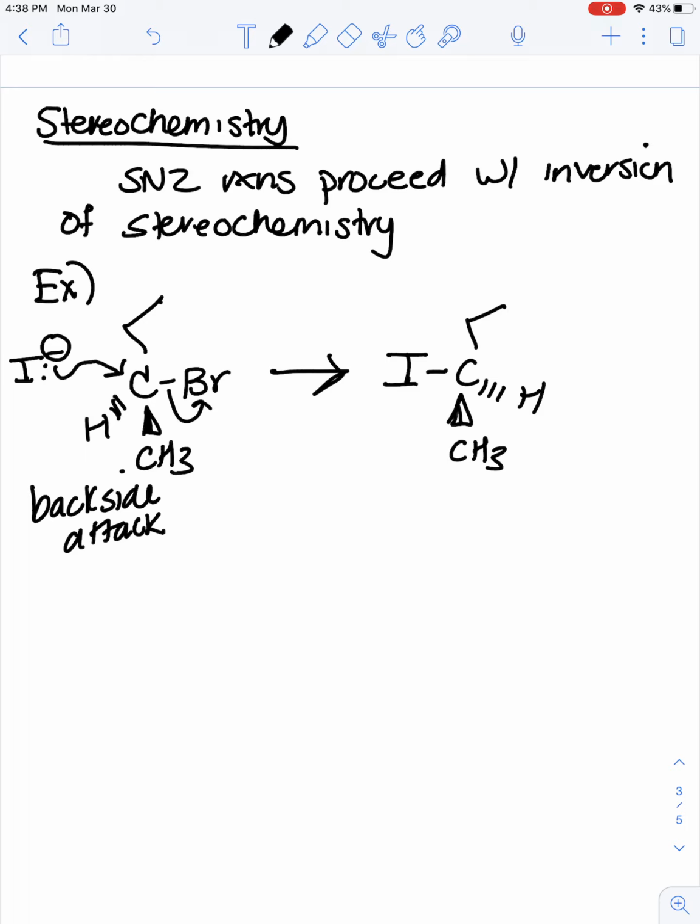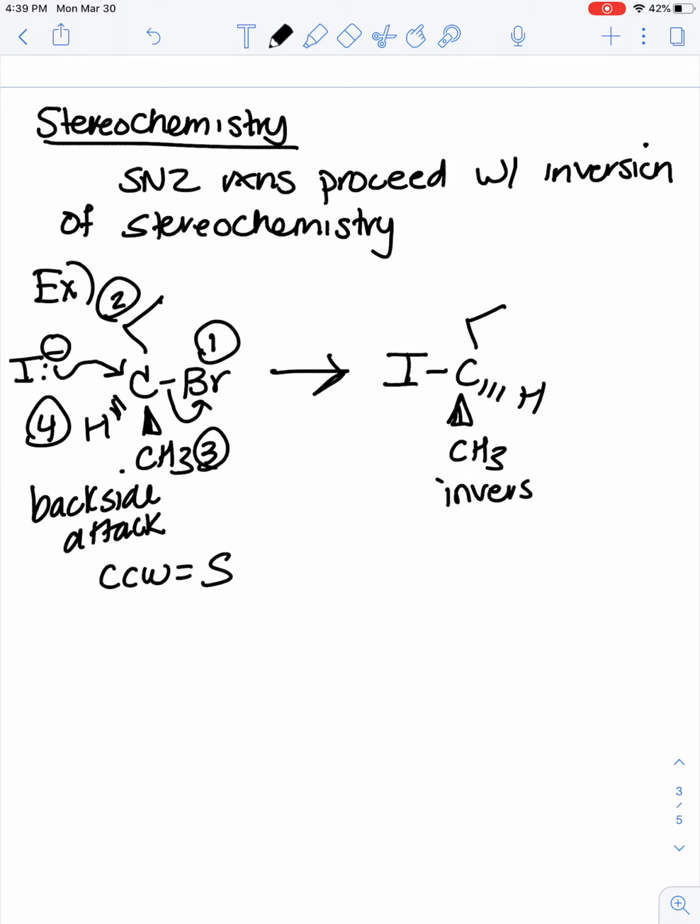Now let's look at our configuration. Do we have R configuration or S configuration? Let's start with our reactant. Bromine is going to be number 1, this would be number 2, methyl 3, and our hydrogen is 4. We notice that the lowest priority is pointing behind the page or board, which is what we want to see. We have counterclockwise, so we have an S configuration. Since this is an SN2 reaction, we know that we should have inversion.